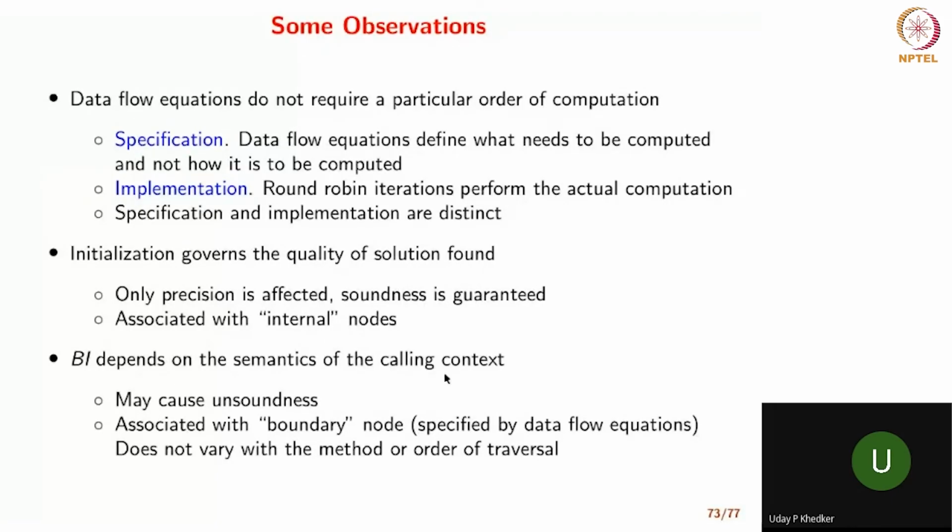BI depends on the semantics of the calling context and may cause unsoundness. So initialization may cause imprecision, whereas BI may cause unsoundness as well. And this is associated with the boundary node, specified by the data flow equations, and does not vary with the method or the order of traversal. So now we have a very nice separation between procedural algorithms and mathematical specifications.